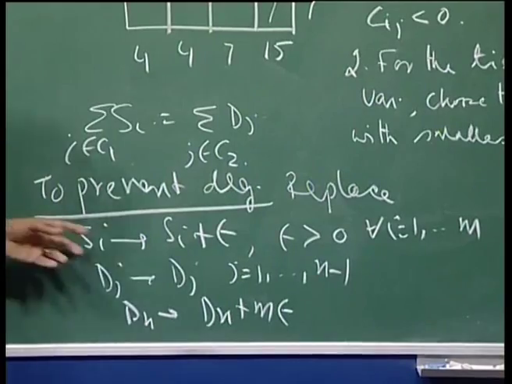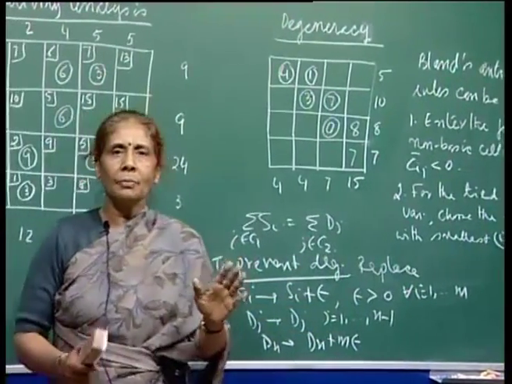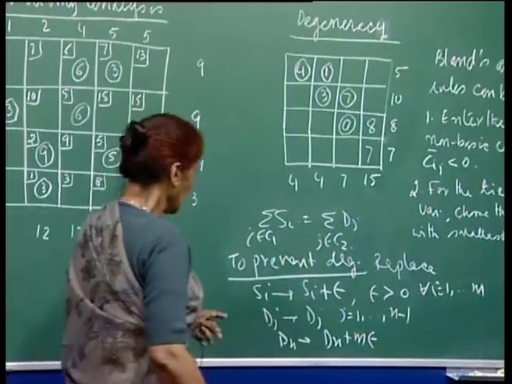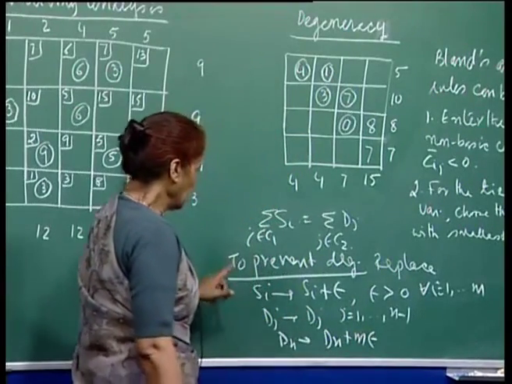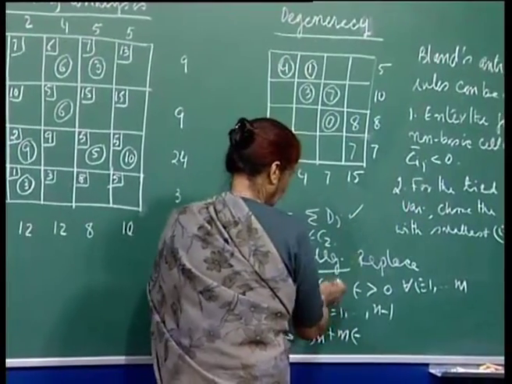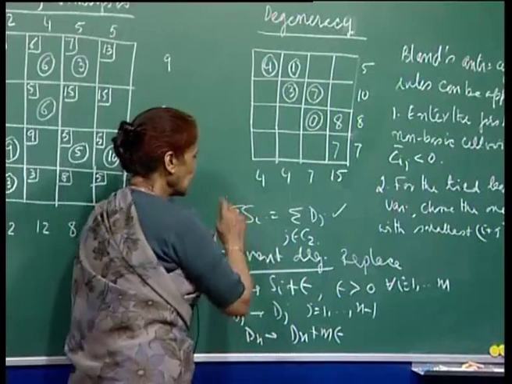So if you have added m epsilons here, the demand numbers should also be increased by m epsilon. So I just increase the last one by m epsilon, and you can see why this would satisfy this. This change in the Si and dj values will never satisfy this condition.